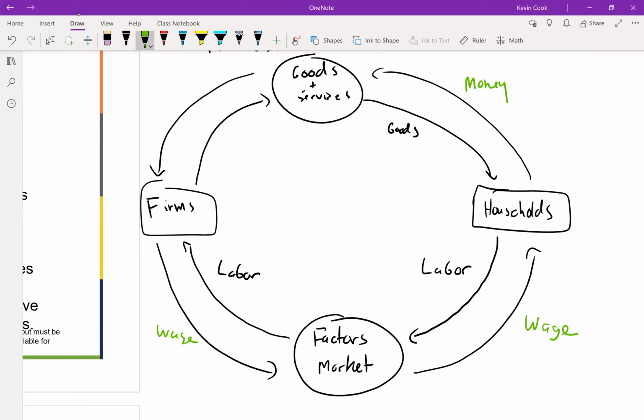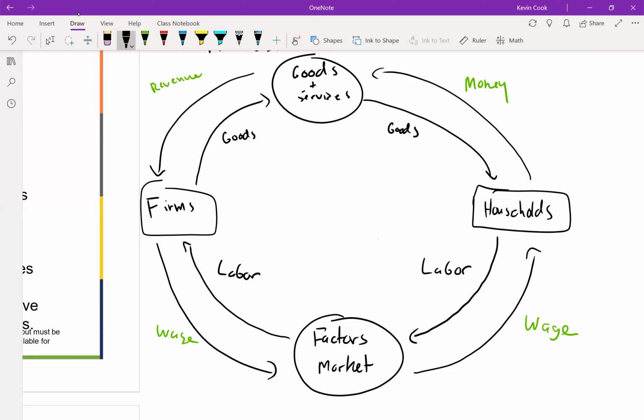But then on the other side, firms need to find some way to generate income so that they can pay for these resources to make goods. So firms are going to receive revenue. In exchange for that revenue, they are going to produce goods and services.